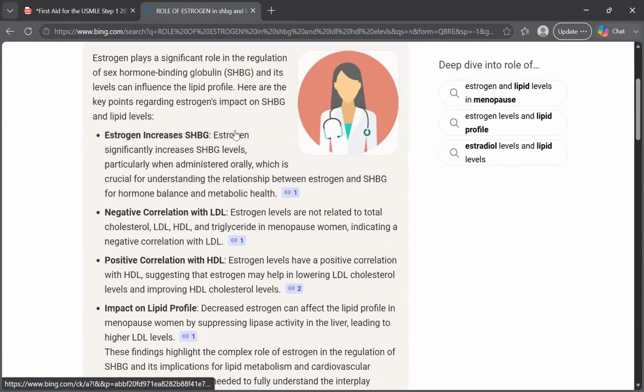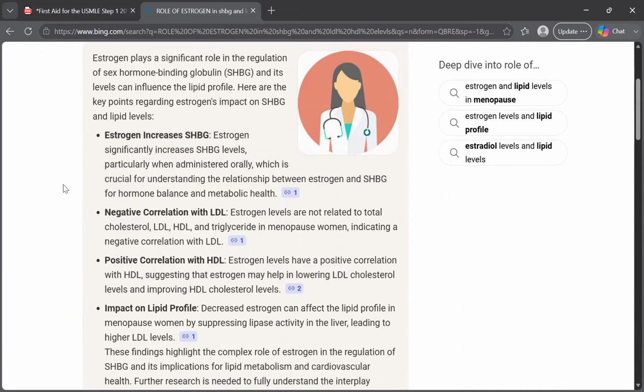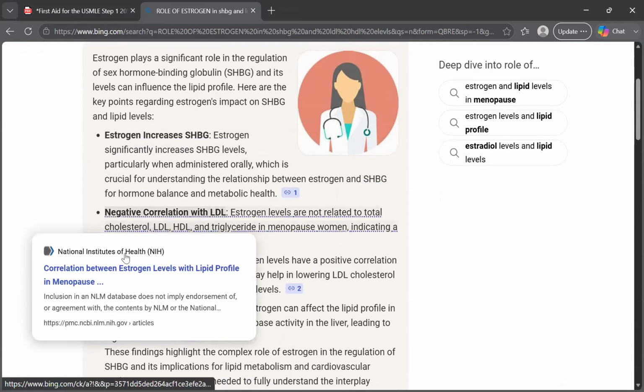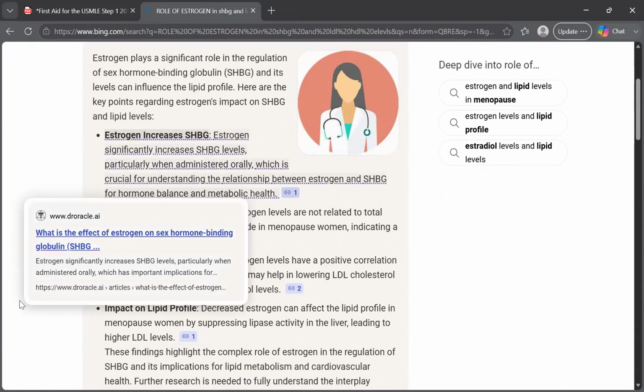It increases SHBG because estrogen significantly increases SHBG levels, particularly when administered orally, which is crucial for understanding the relationship between estrogen and SHBG for hormone balance and metabolic health. It increases the sex hormone binding globulin because increased concentration requires increased protein to bind it, increased receptors to bind it. I think that's the etiology behind it.